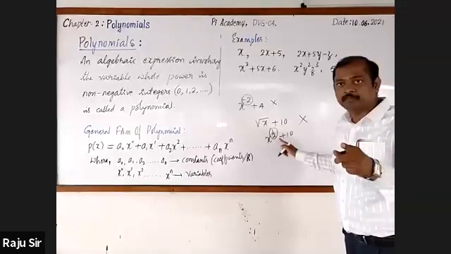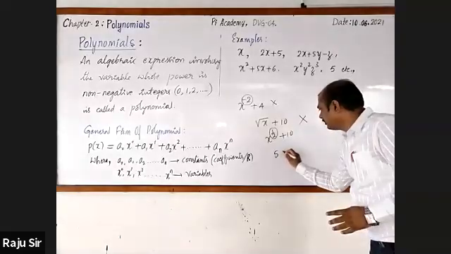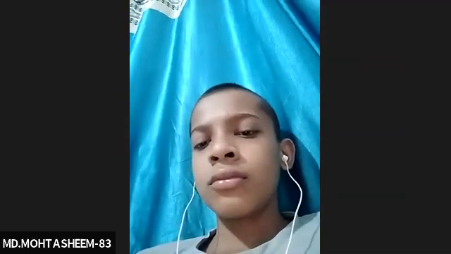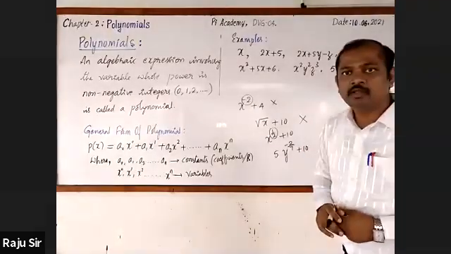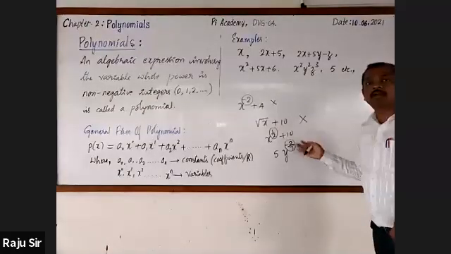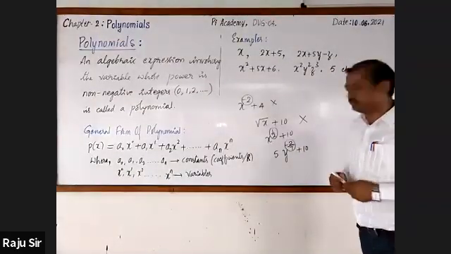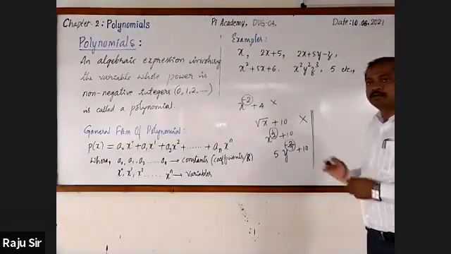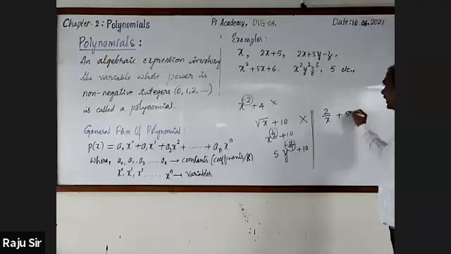Did you understand? Next, let me go for taking another one. 5 y raised to the power minus 2 by 7 plus 10. Is it a polynomial? No, sir. No, because power is not a non-negative integer, or power is in fraction form or p by q form. Let me take one more. 2 by x plus 5.